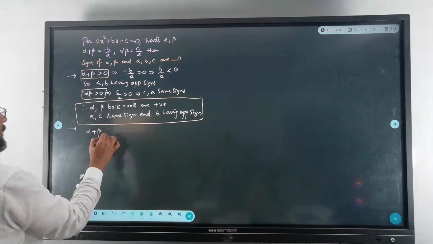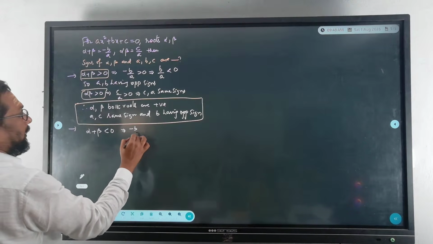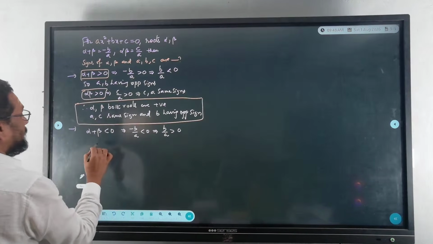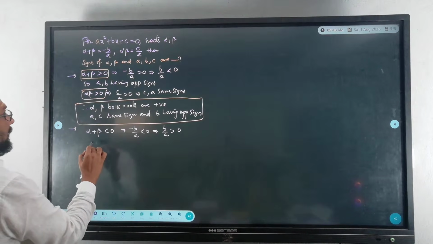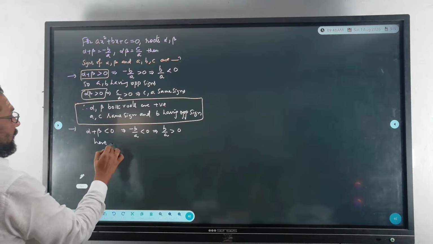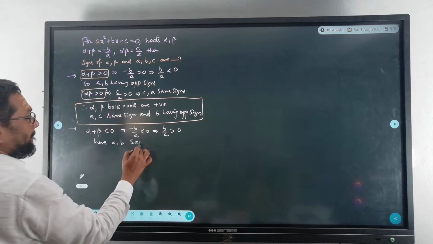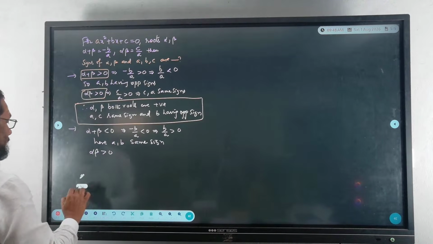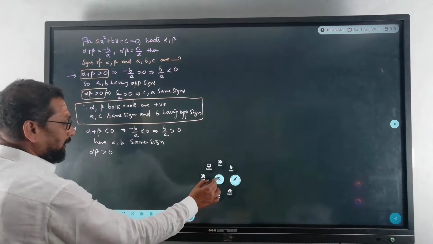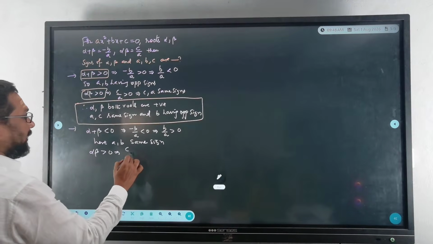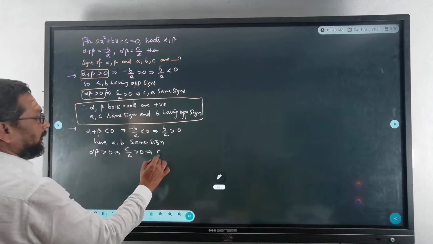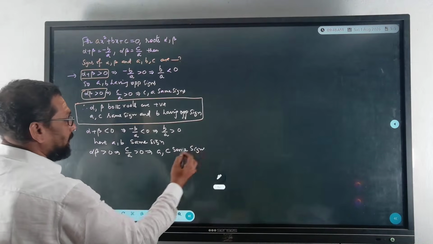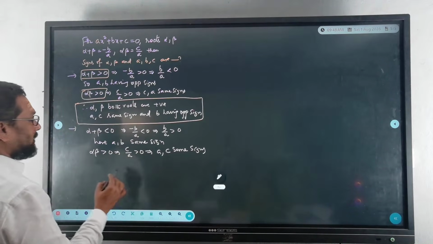Alpha plus beta less than 0, minus b by a less than 0, b by a greater than 0. So here a comma b same sign. Next, alpha beta greater than 0 implies c by a greater than 0, that implies a comma c same signs. So ab same sign, ac same sign.